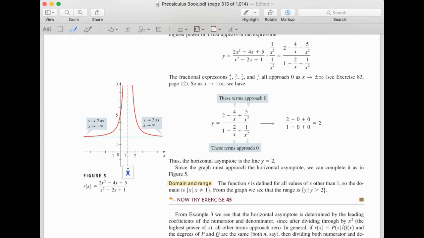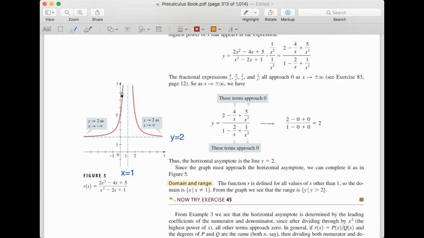So this line has a name. The name of this line is x equals 1. And the horizontal asymptote is this line, and this line has a name. This line is y equals 2. So the vertical asymptote is x equals 1, and the horizontal asymptote is y equals 2.